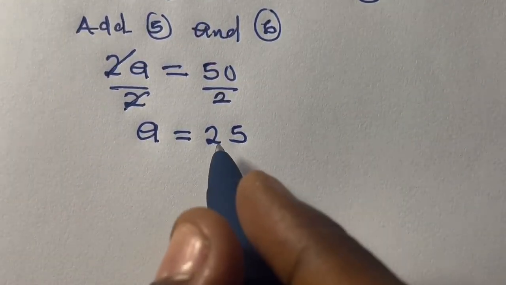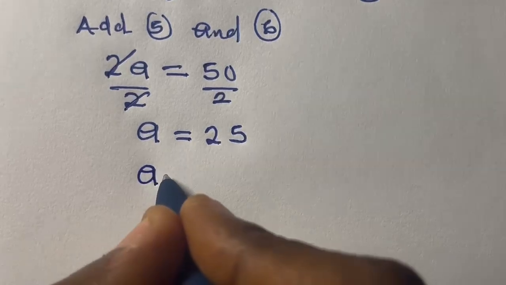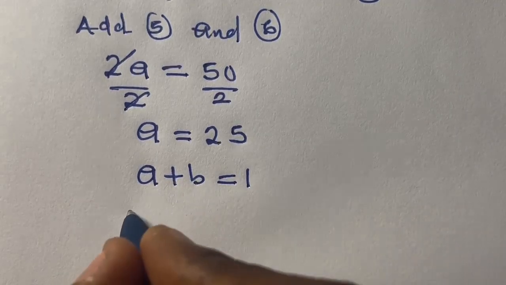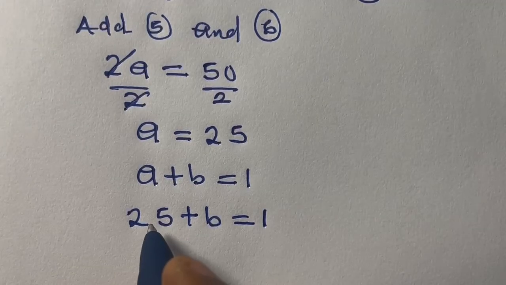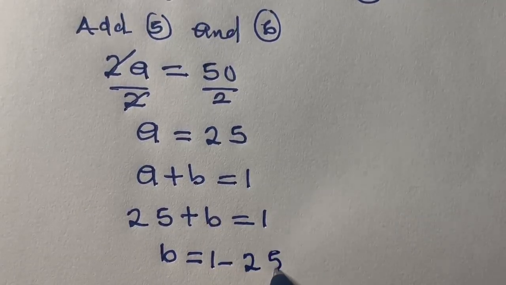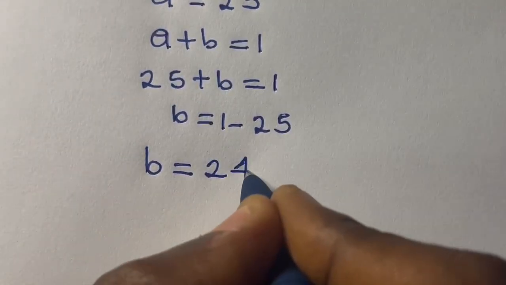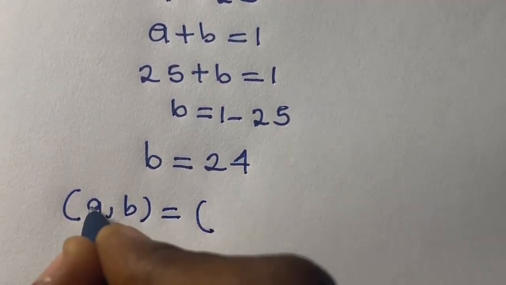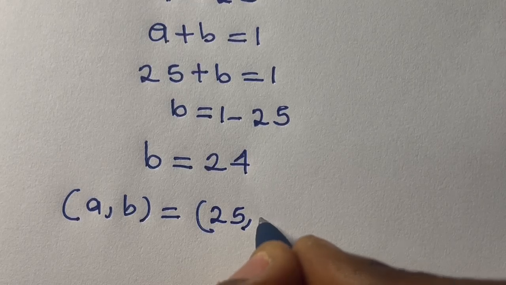So we can substitute this into equation 6. We have a plus b equals 1, so when a equals 25, 25 plus b equals 1. To obtain b, we transfer this to the other side. So b equals 1 minus 25, and we will have b equals minus 24. Therefore, for this case, our pair a comma b is 25 comma minus 24.